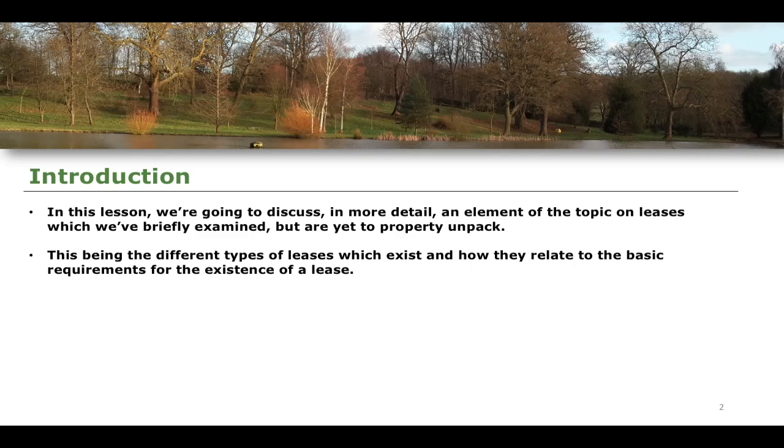So when you go through this lesson, think back to those previous videos where we talked about the characteristics of a lease, and think, how does this type of lease operate in a way that is compatible with the characteristics of a lease that we looked at previously.